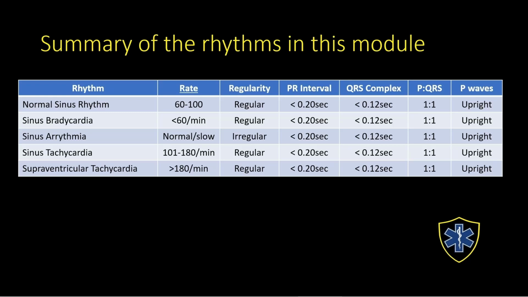And as we know, if you're on that border, over 150 but under 200, and we're trying to figure out, is this sinus tach or SVT, default back to the patient's story and what's going on with the situation. We'll try to find out at that point, is it the heart running away, doing something of its own with an electrical reentry mechanism, or is it the heart responding to some other insult or injury that's going on with the body as a compensatory mechanism that we can treat and address?